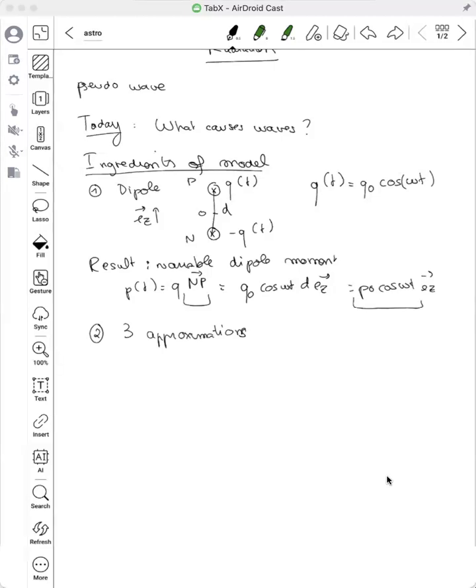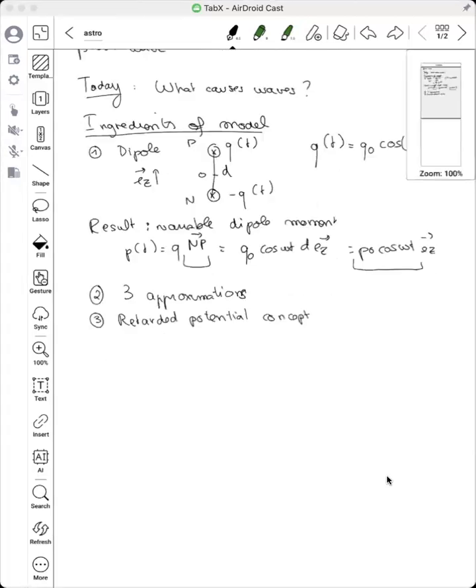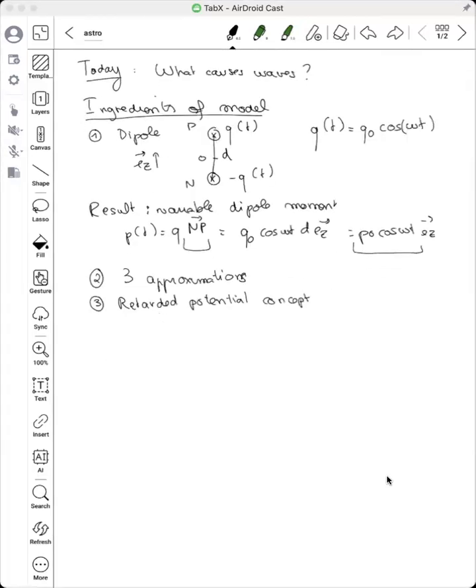And the last ingredient is a concept that we will need to accept, which is called the retarded potential concept. I will explain in a minute.